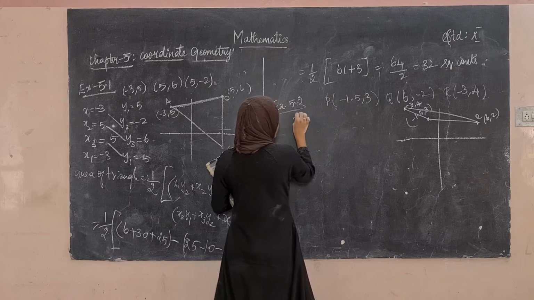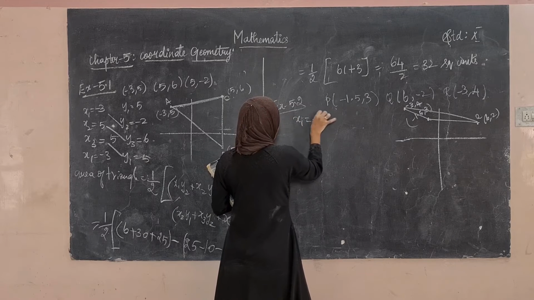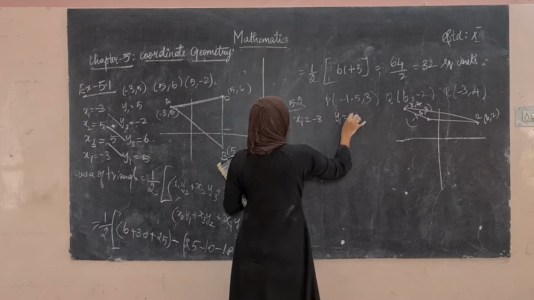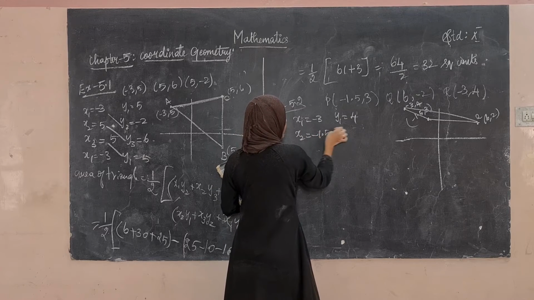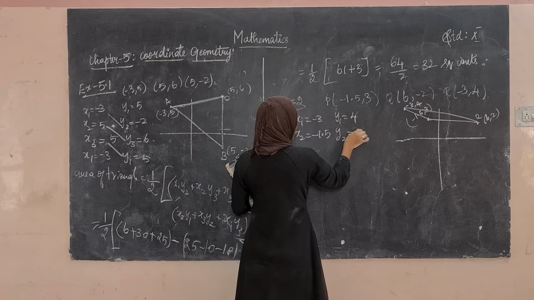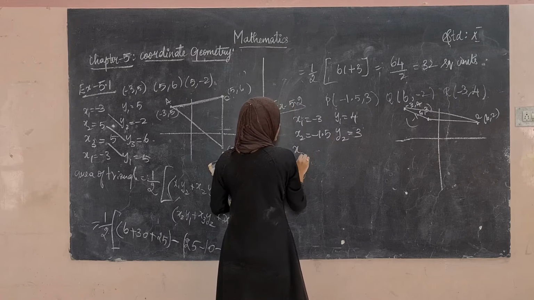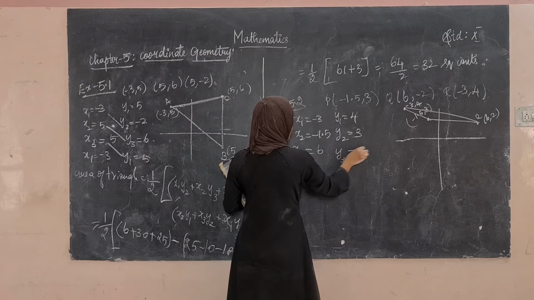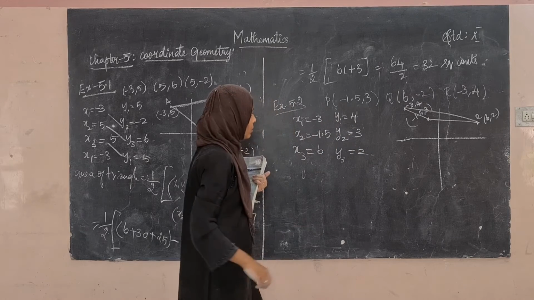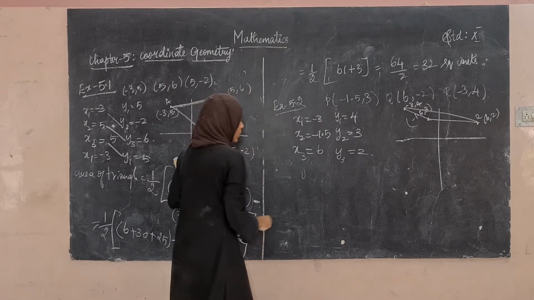So here x1 is equal to minus 3, y1 is equal to 4. x2 is equal to minus 1.5, y2 is equal to 3, and then x3 is equal to 6, y3 is equal to minus 2. Okay, now shall we start?